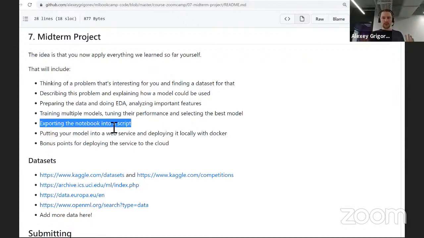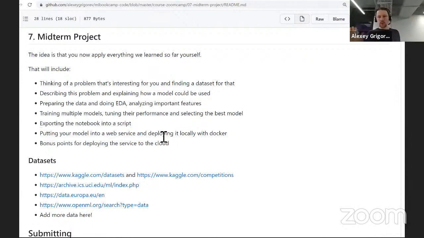And after that, once you selected the best model, you will need to turn this notebook into a script. So you have the best model. Now just put the script for training the best model into a script. And then you will also need to put it inside a web service like Flask, or let's say if you want to use FastAPI or some other framework, you can use it as well.